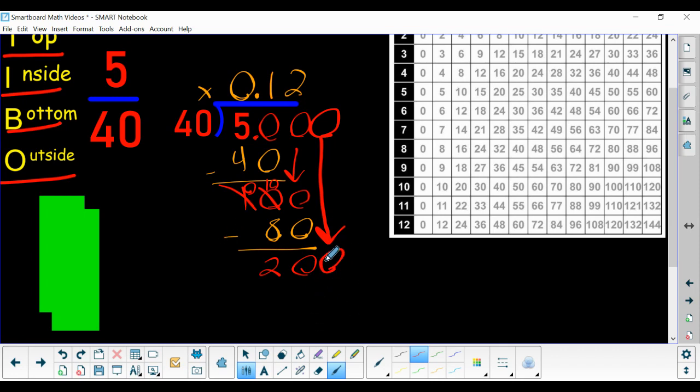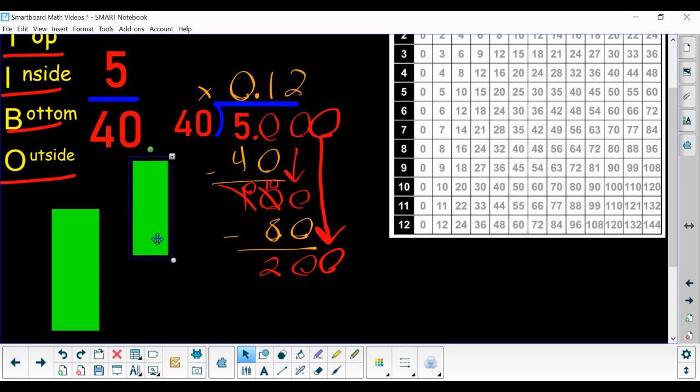Now, 200 is big enough for 40. Now we've got to see how many times we can fit 40 into 200. And like I said, if this gives you a hard time because the numbers are big, there's a solution to make this easy for yourself. Cover up your zeros. So let's do that.